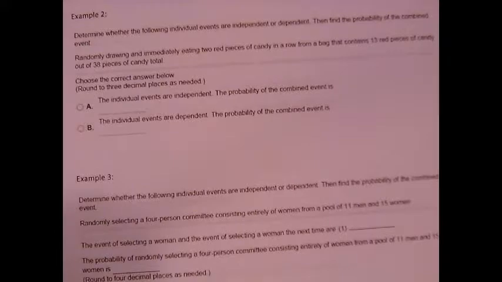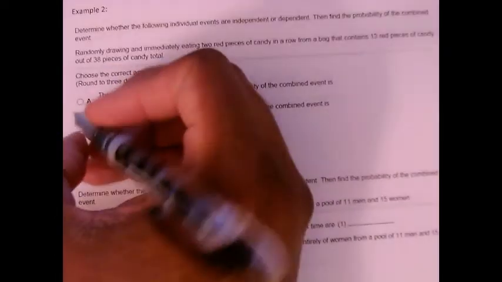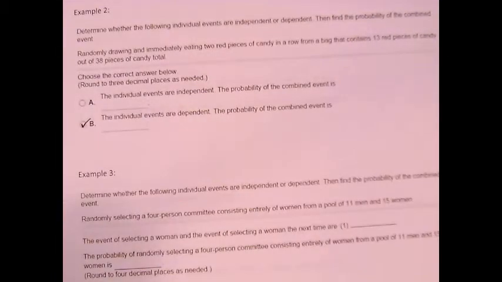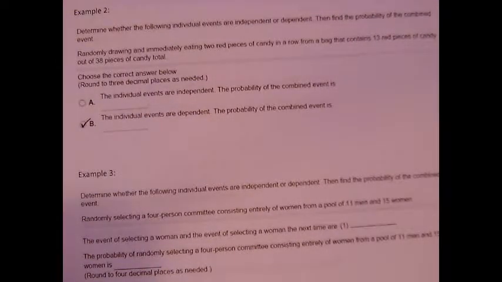In this case here, randomly drawing and immediately eating 2 red pieces of candy in a row from a bag that contains 13 red pieces of candy out of 38 pieces of candy total. Okay. Now, as we can see here, we're going to get a dependent event. Those events are going to be dependent on each other.